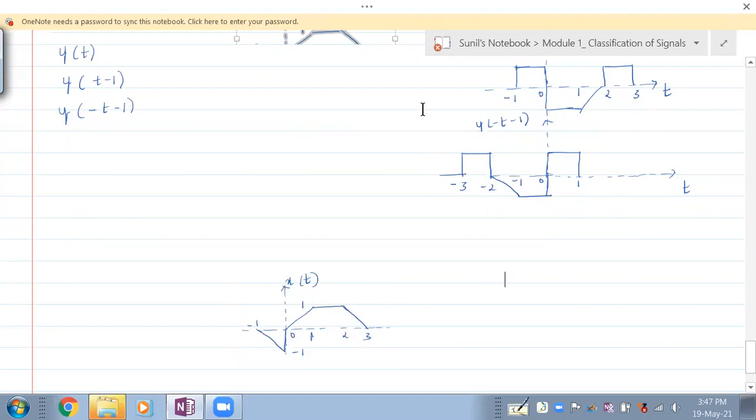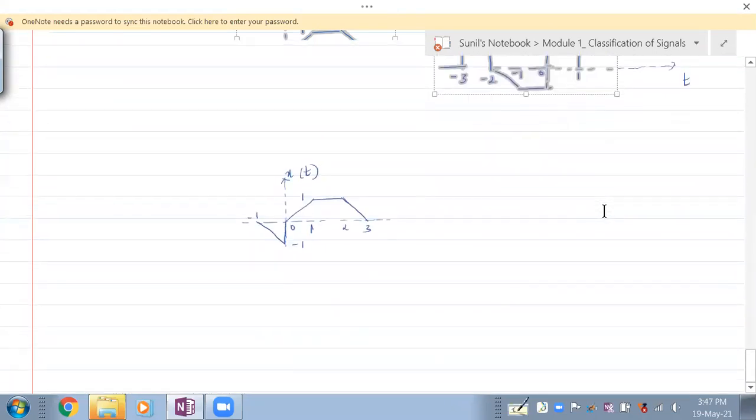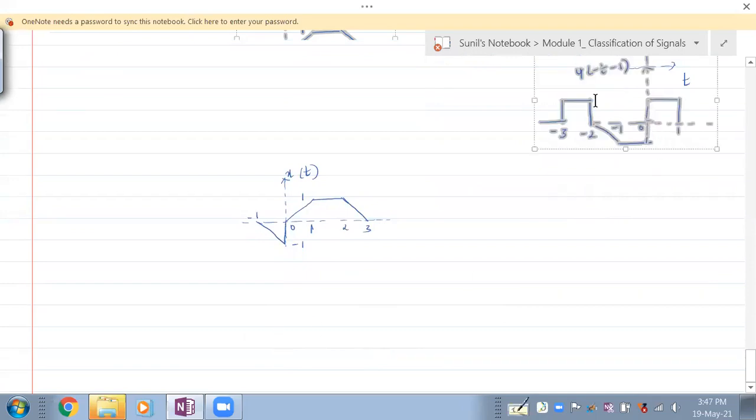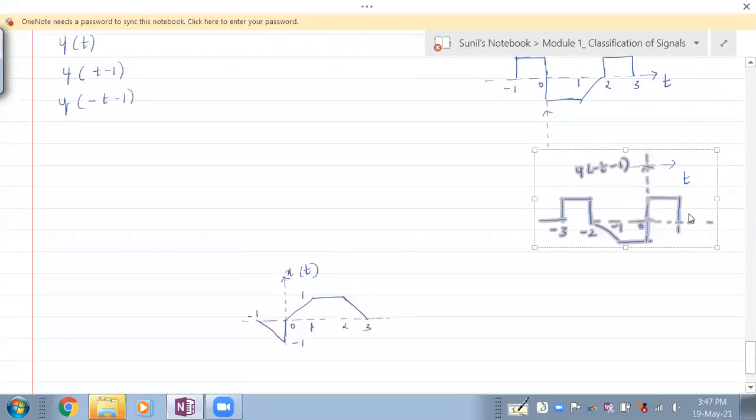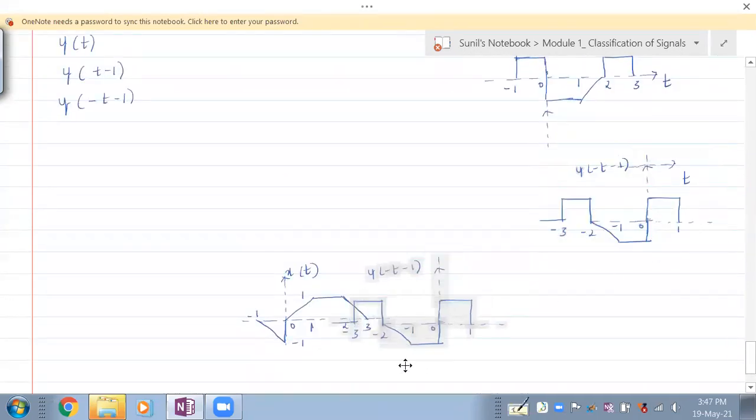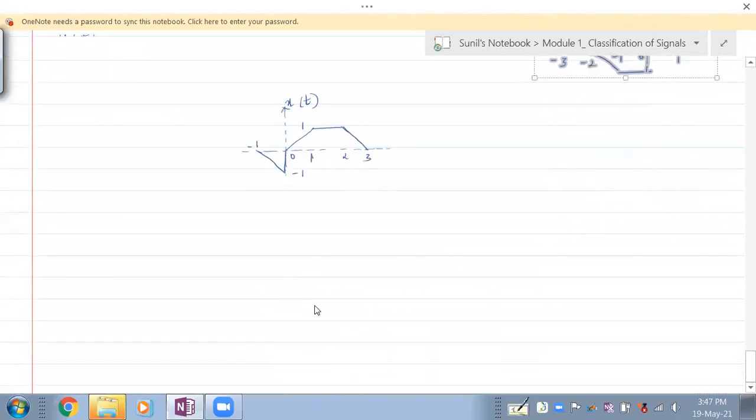I can copy and paste, but you need to redraw it. So this needs to be brought here.